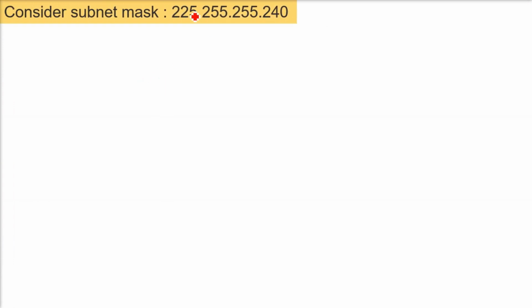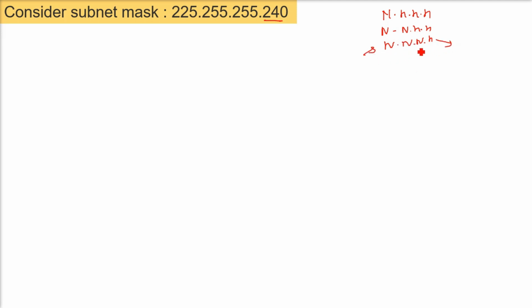Now consider this subnet mask. So we have all the octets filled. 3 are with ones, 240 is the last one. So class A network host, class B network host, class C network host. This is the formation for class A, B and C if this is the subnet mask.